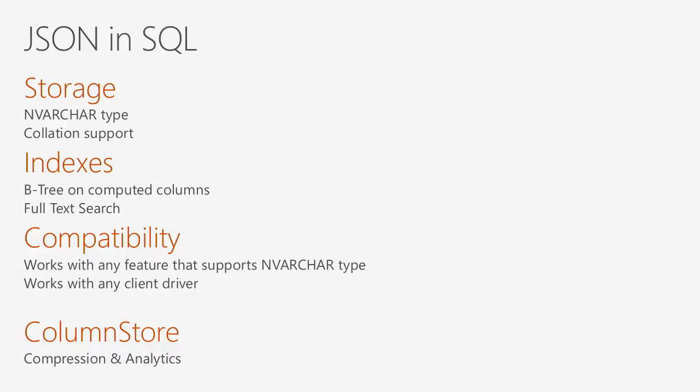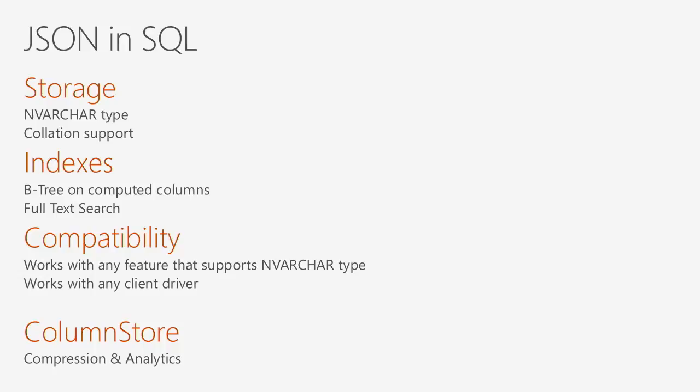And the other cool thing is that because it's just an nvarchar, you can throw it into anything that works with nvarchar. So if you're using Hekaton in-memory technology, you can throw it straight into there as well, and it'll just work with that because it's not a different type. And you can throw it into column store as well. Column store compression will look intelligently at that JSON and try and look at the size and shape of that.